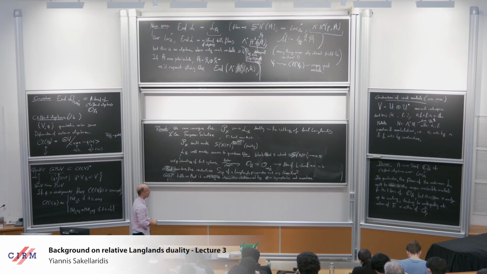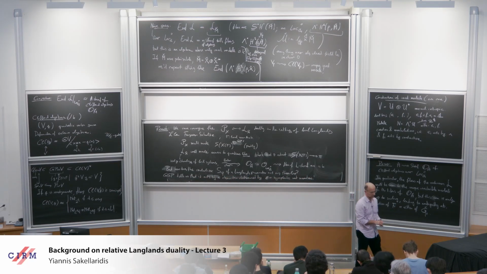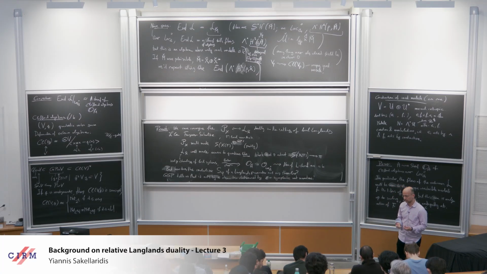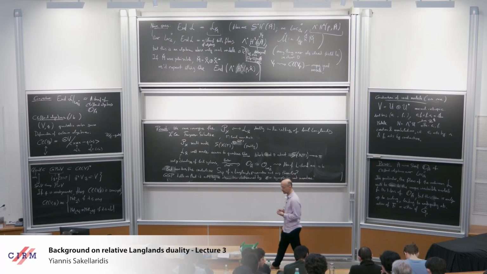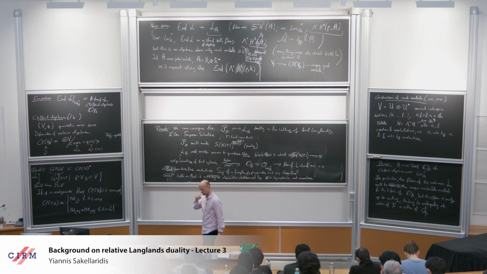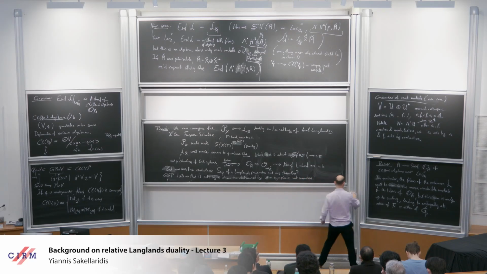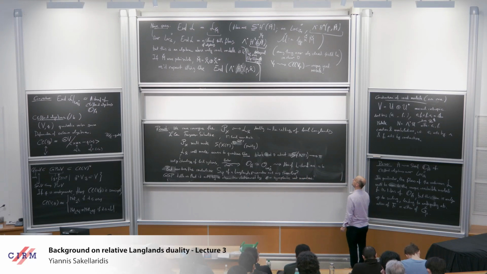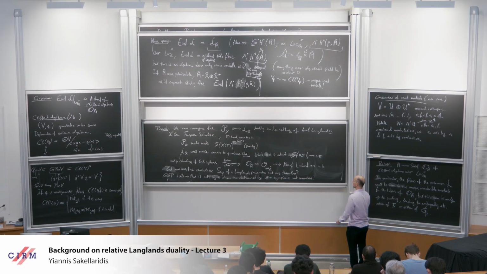The talk of Ju, however, will also have some local input. So up to now, I talked about period sheaves and L-sheaves, which are global objects. I didn't say anything about the local conjectures. So maybe let me spend the last 20-something minutes to say something about the local story.